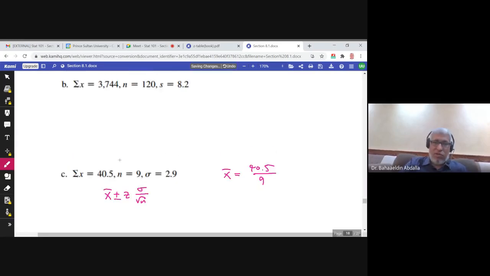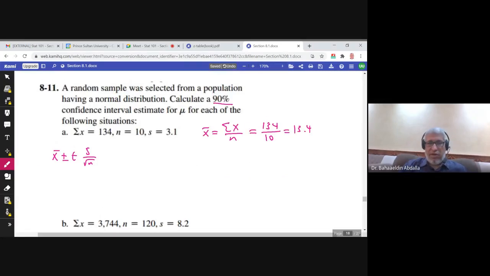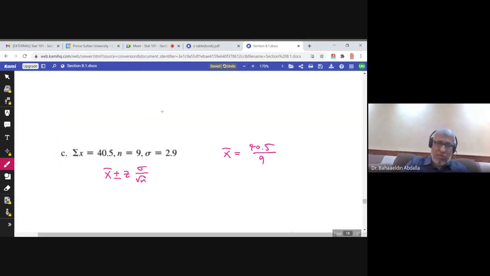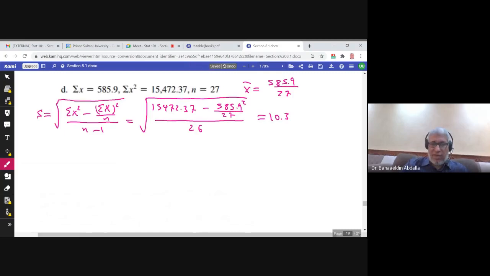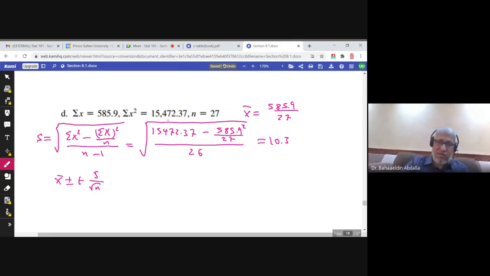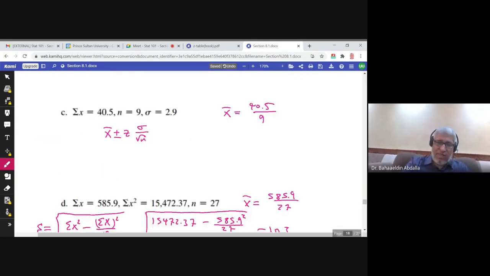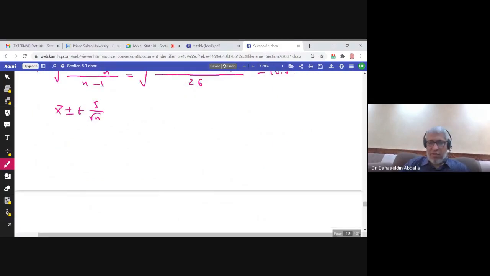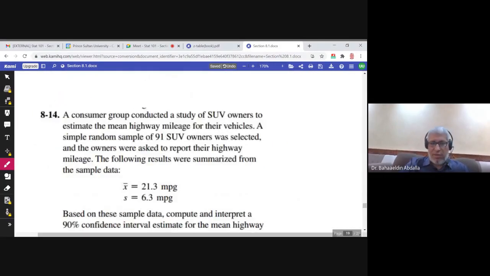We need, of course, the confidence interval for the population mean. So the formula is x bar plus or minus t times s over square root of n. You have s and you have x bar. Find t, go to 26 and confidence level 0.9. Find t from the table and find the confidence interval.